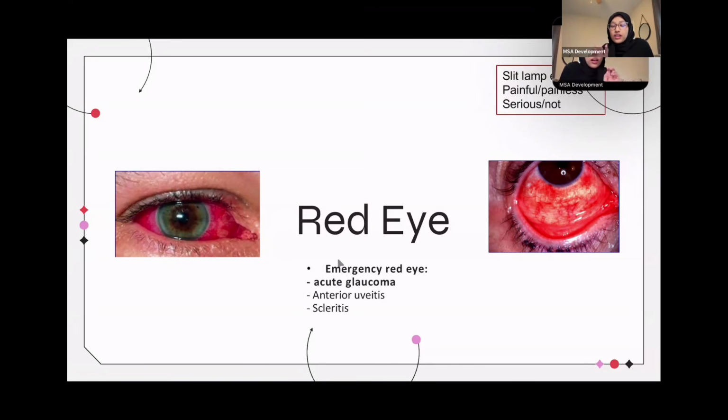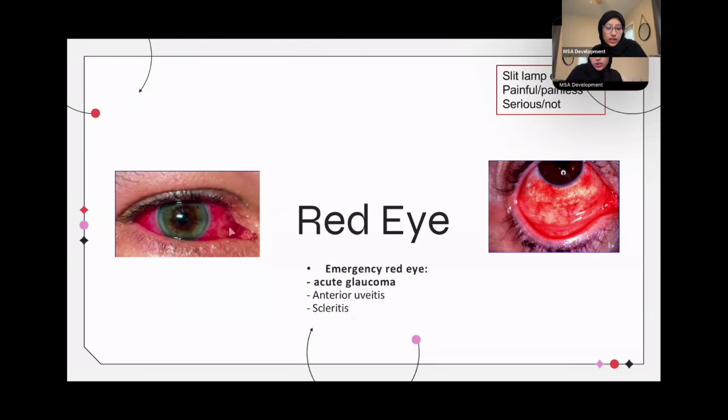Emergency red eye includes acute glaucoma. Remember, we talked about that before. It's an emergency. And then anterior uveitis. So anterior uveitis is important, and scleritis, which I'll talk about in a bit. Scleritis is the inflammation of the sclera, which is the white part of your eye here.